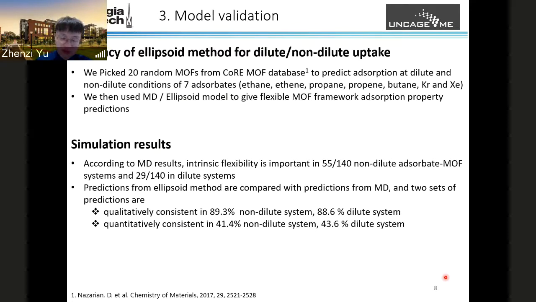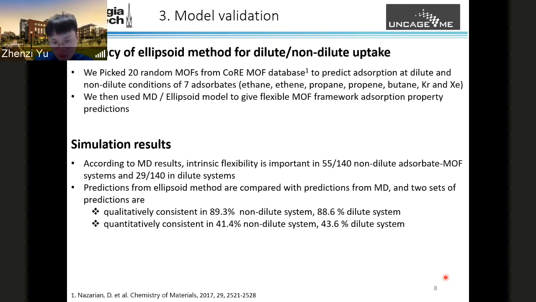In terms of the simulation result, first, according to the MD result, intrinsic flexibility is important in 55 systems for non-dilute and 29 cases for dilute systems. The predictions from the ellipsoid method are compared with the predictions from MD, and these two sets of predictions are qualitatively consistent in around 90% of cases, and quantitatively consistent in around 40% of cases.